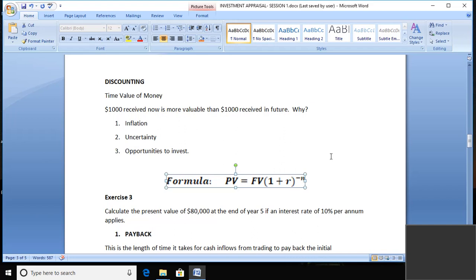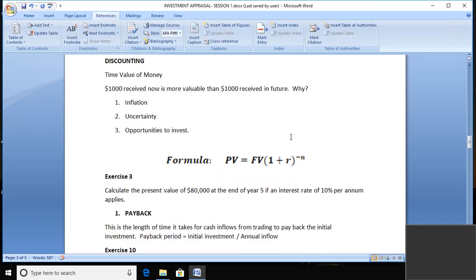There is also the uncertainty issue, and also the opportunity to invest. It's a lost opportunity. If that money is not given to you now, you have to wait for it, say in 2 years' time. What you are losing out on now is an opportunity to invest that amount of money and gain a return on it. So that's what discounting is all about.